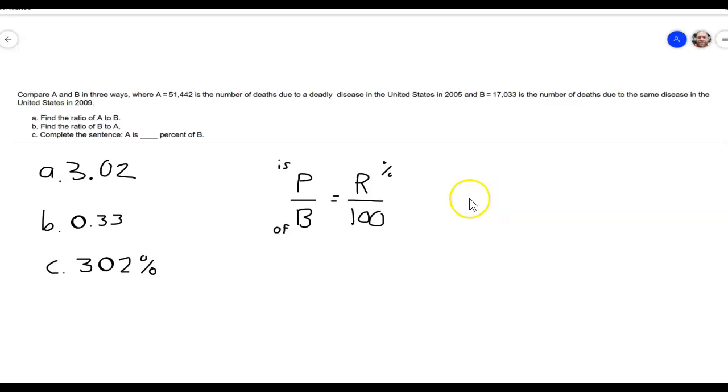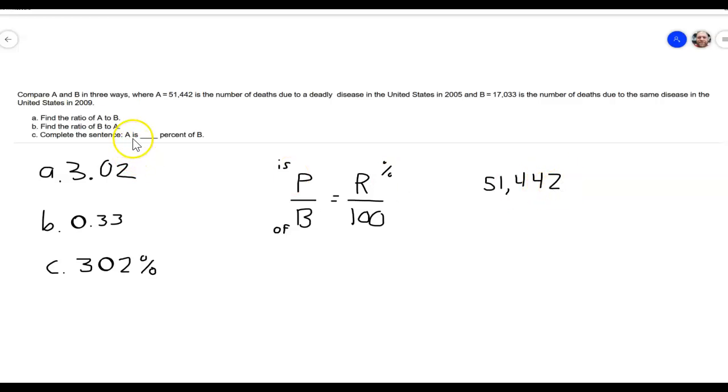So when we set that proportion up and look back, A is, so the word is goes here, and A is 51,442, so I put 51,442 where the P is.